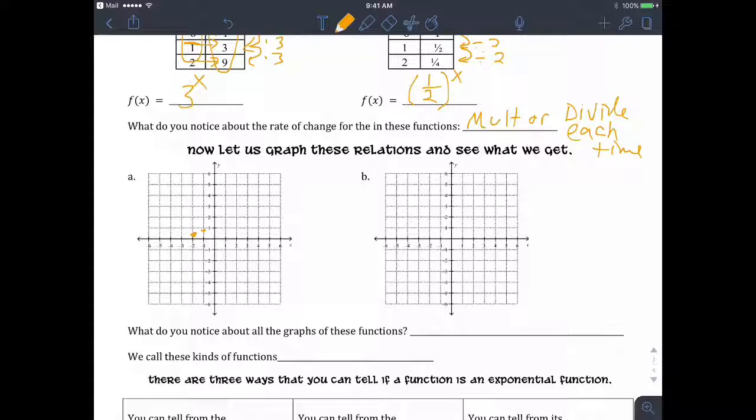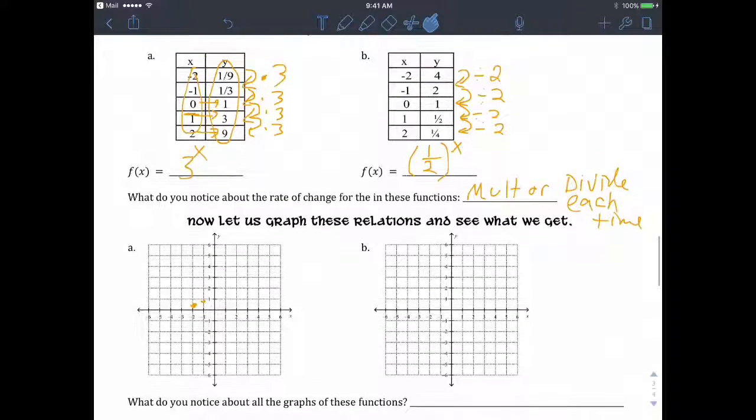So here's 1/3. Then we have 0, 1. Then we have 1, 3. And then we have 2, 9, which is probably going to be somewhere up here. So the graph is going to look something like this.